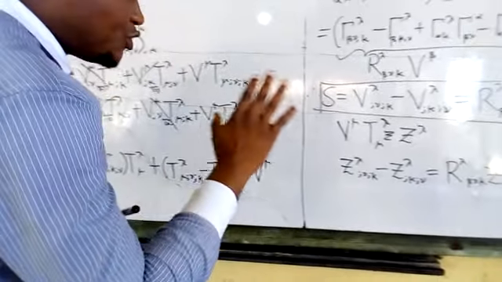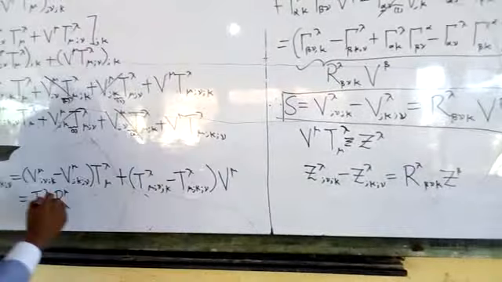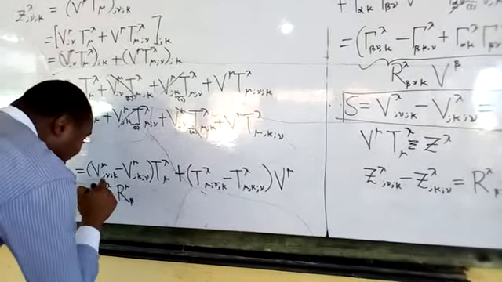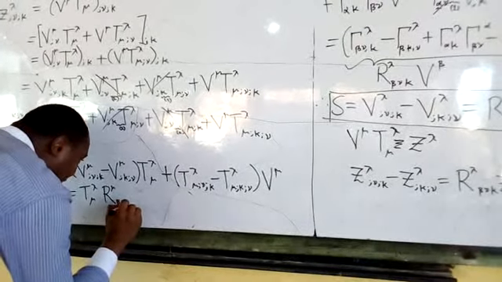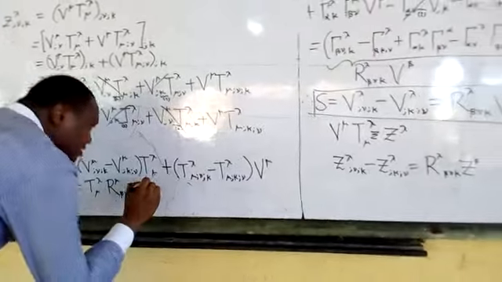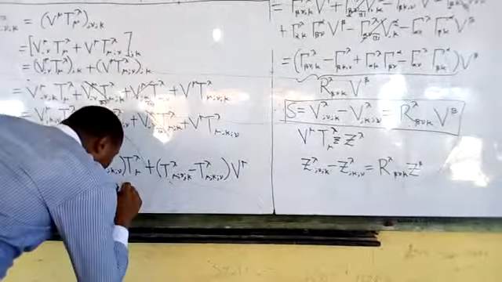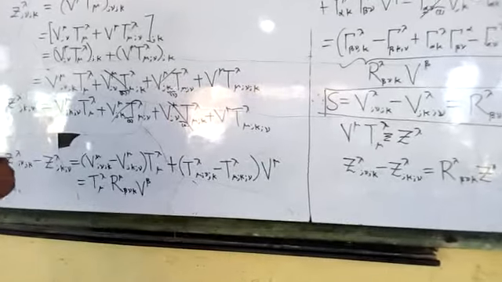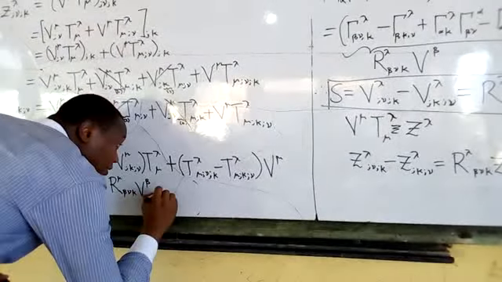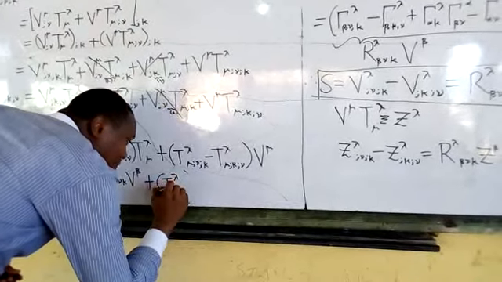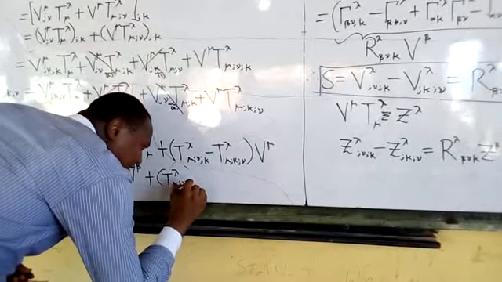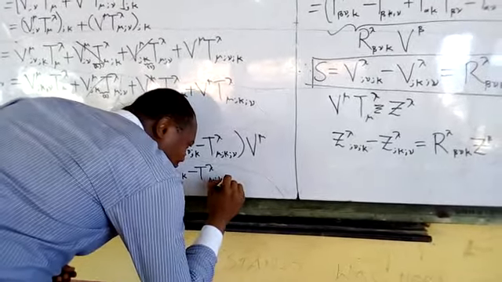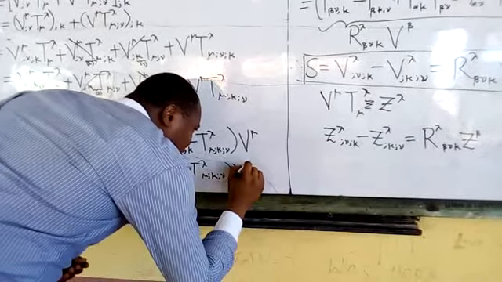And I will have to choose whatever dummy index. So for the sake of argument, let me just take it to be beta. It has to be in this order, nu kappa. And then V, of course, beta. That's what I've got here. So at this point, it is still going to be plus some T lambda mu K minus T lambda mu K nu multiplying V mu.